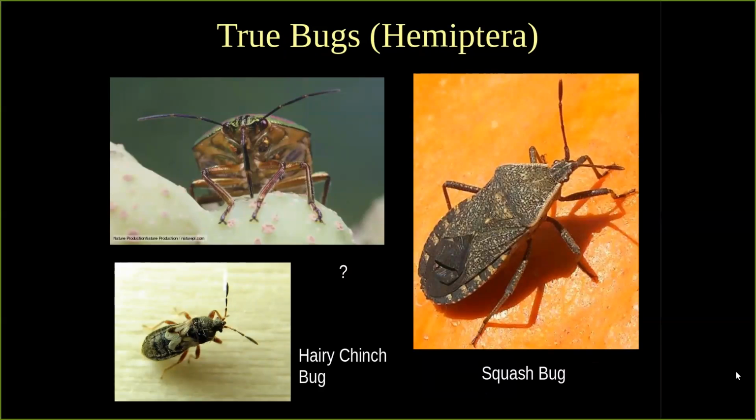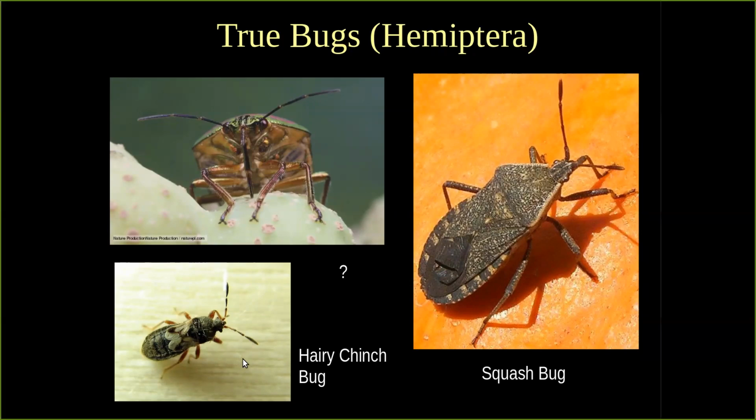The next group of insects I'd like to talk to you about are the bugs, the true bugs, and you can tell these by their mouth parts. They have a long, straw-like sucking mouth part that's used for sucking juices out of other insects and out of plants.